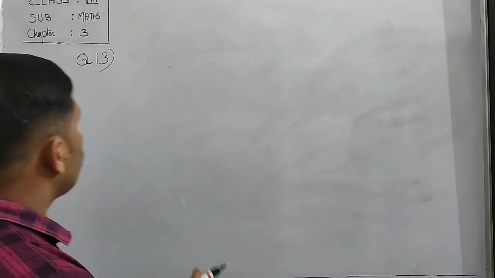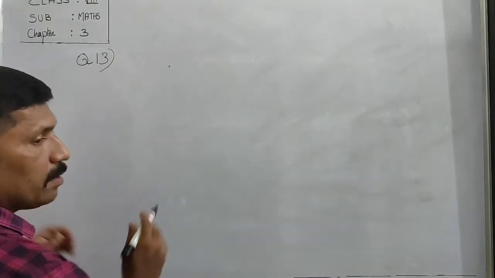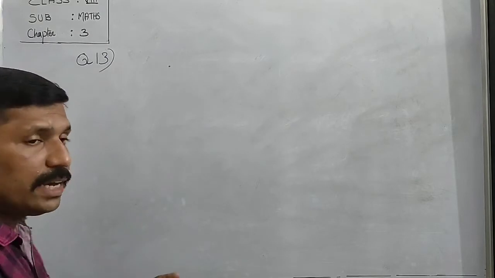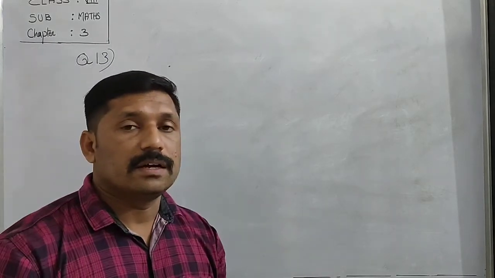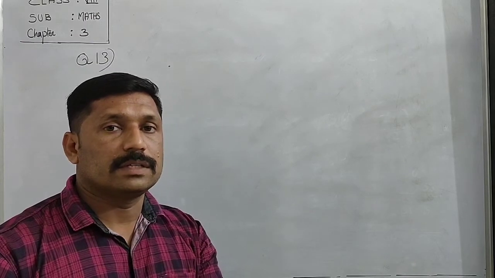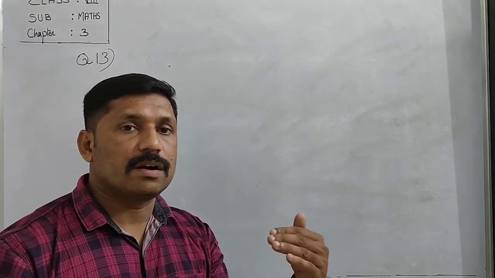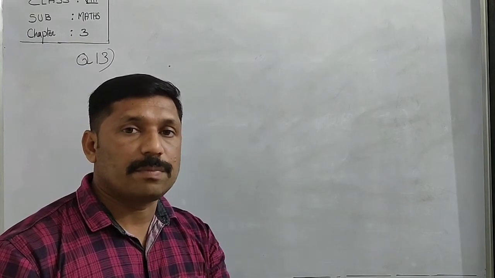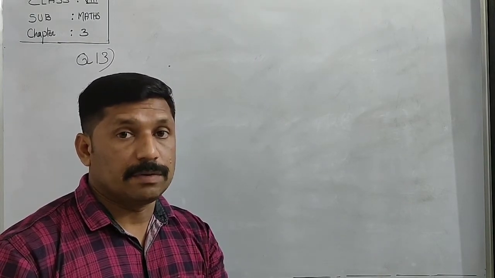So suppose I have taken one number. We can assume any number. When you take any number, make sure that when we halve it, it should not change to a decimal number, because then the calculation will be difficult. So take even numbers. Even numbers, when we make them half, will not change to decimal form.